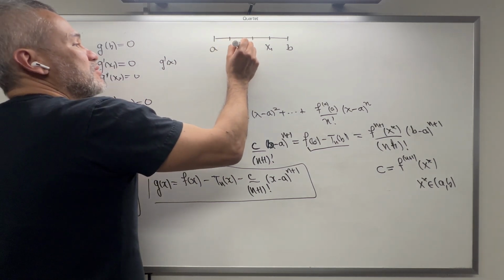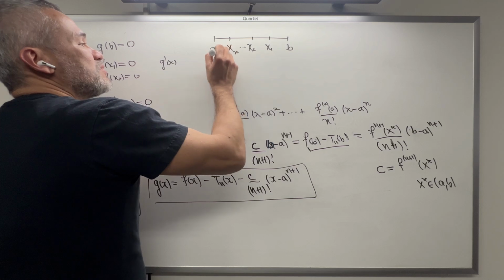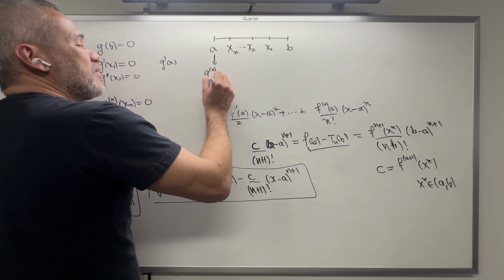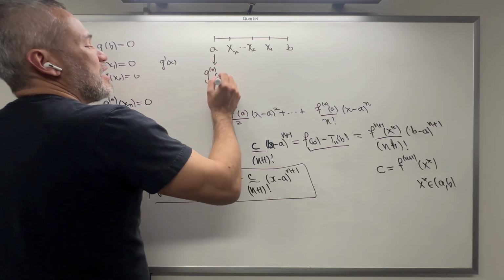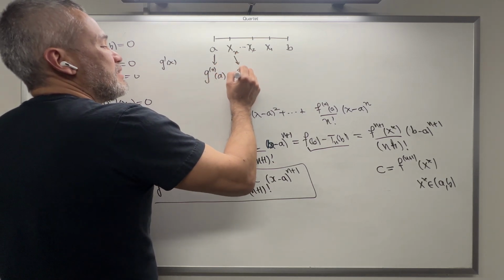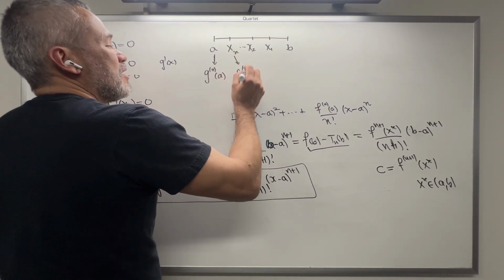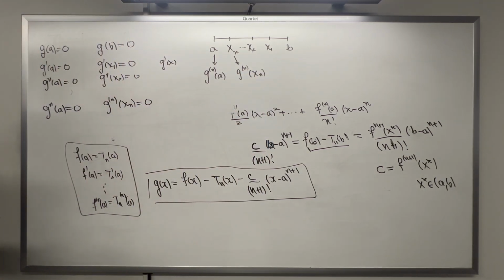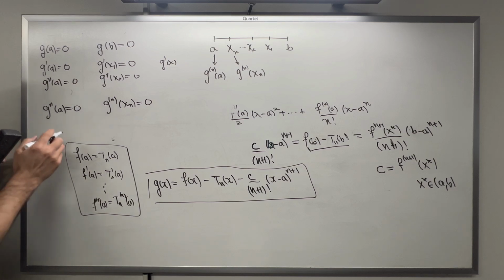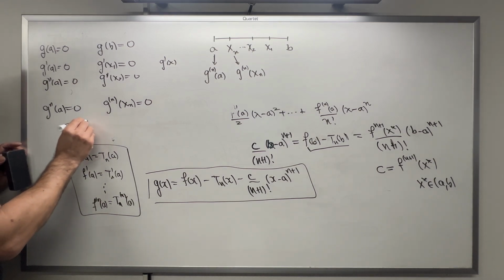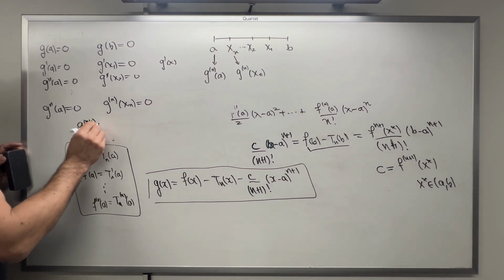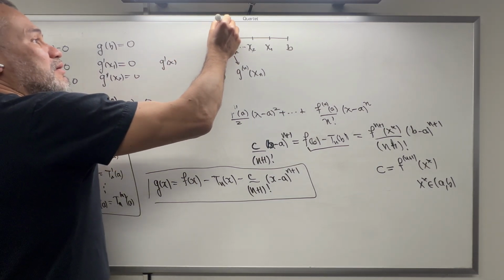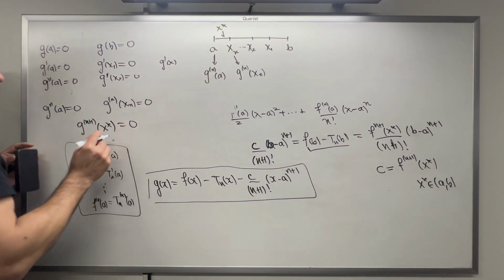Continue with this argument, you get an xn, and at this point the nth derivative of g at a is 0, and the nth derivative of g at this point xn is equal to 0. But then we know that at some point, the n plus 1 derivative at some special x star is equal to 0.